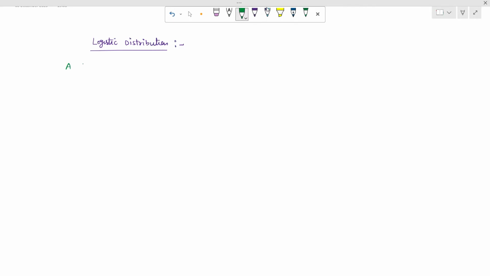So we basically write down a continuous random variable X is said to have a logistic distribution with parameters alpha and beta.